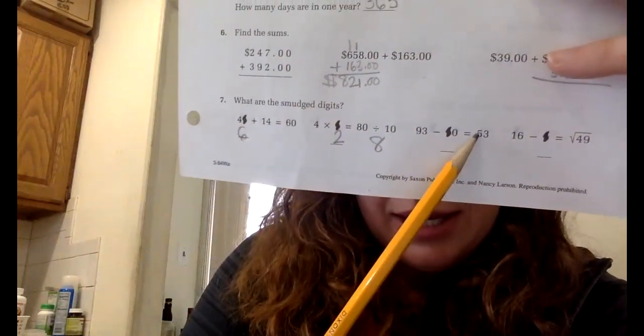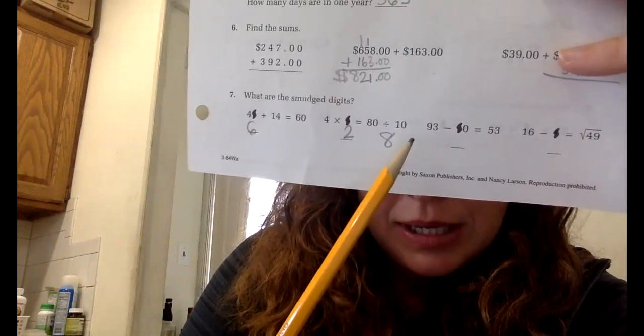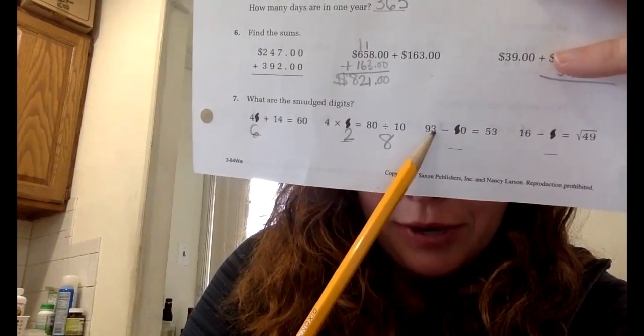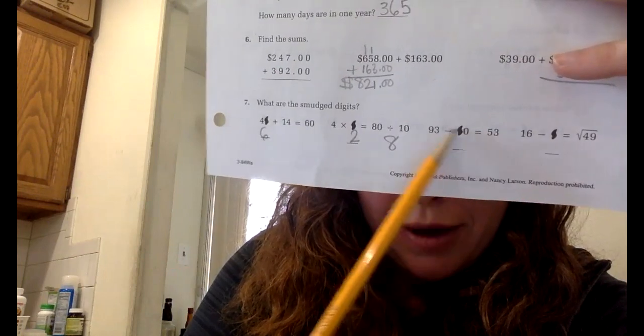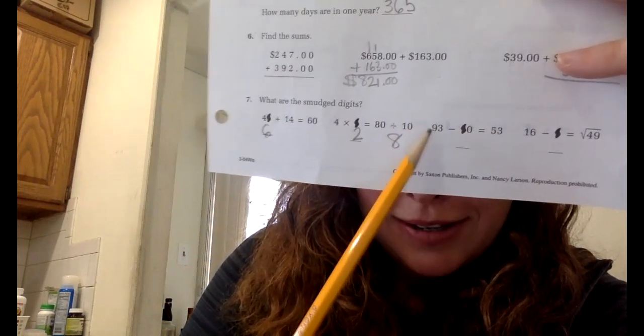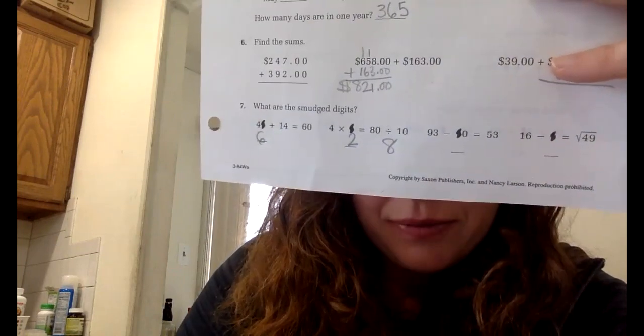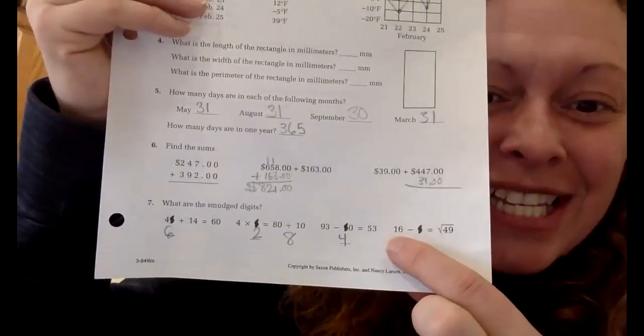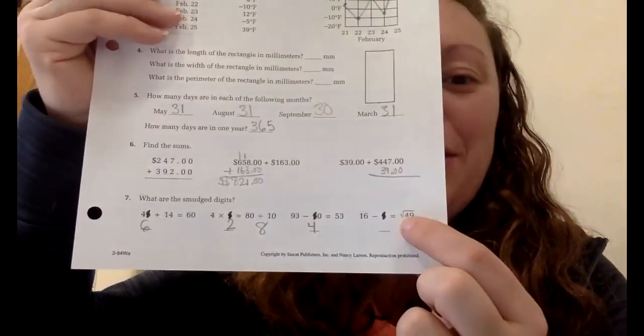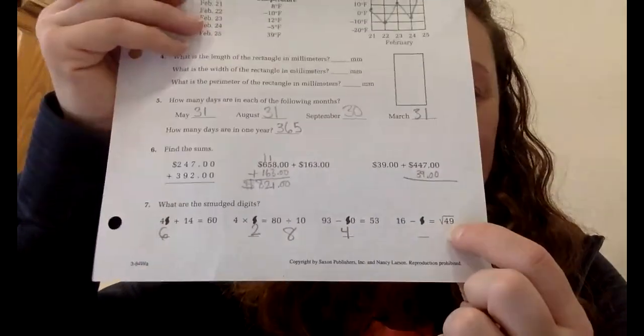We're looking at equals 53. So we have a 3 and we have a 5. 9 minus what equals 5? 4. That's correct. And then, this is really fun, 16 minus what equals the square root of 49?